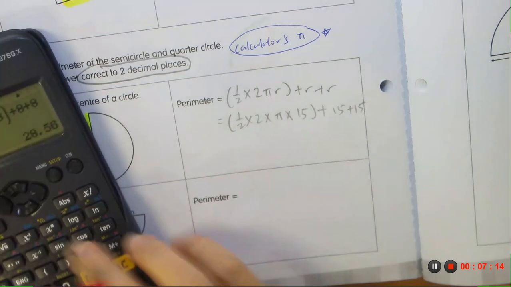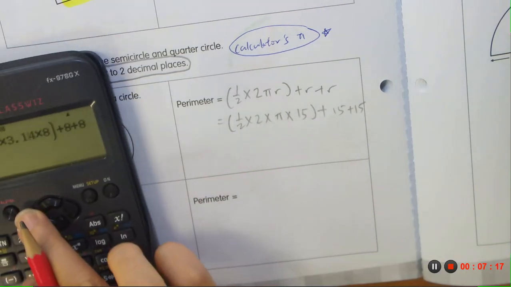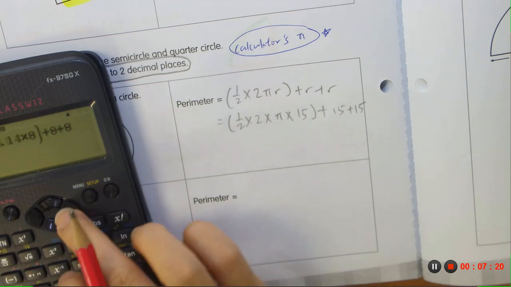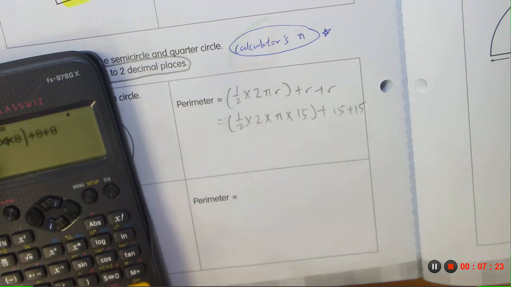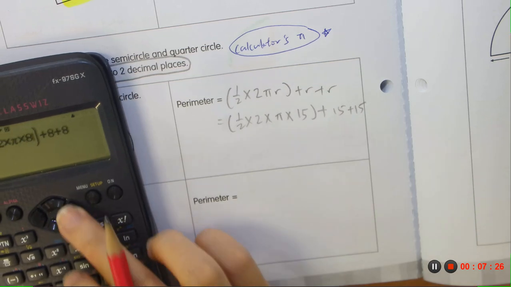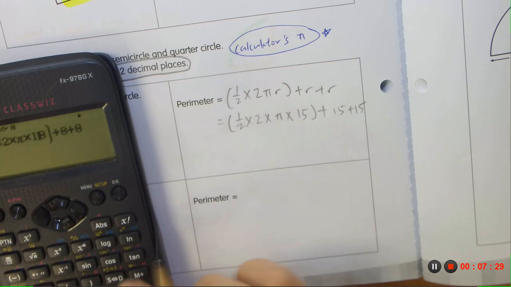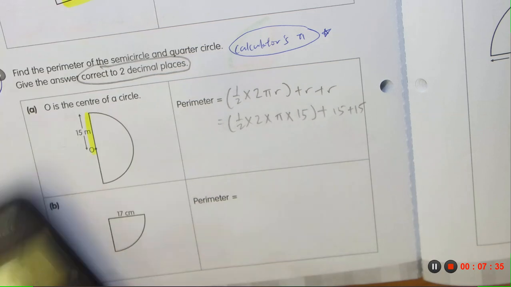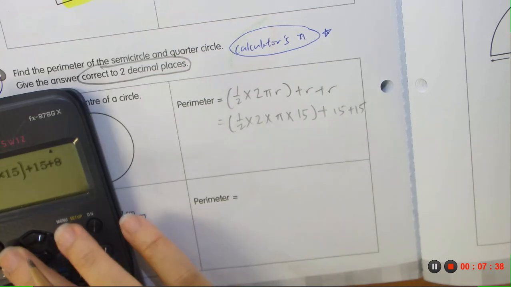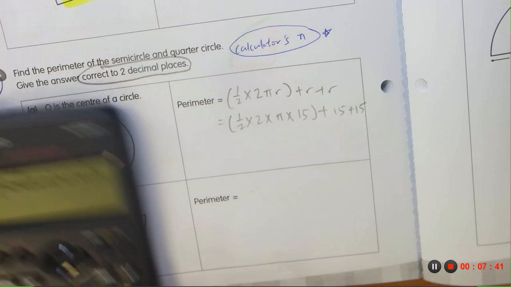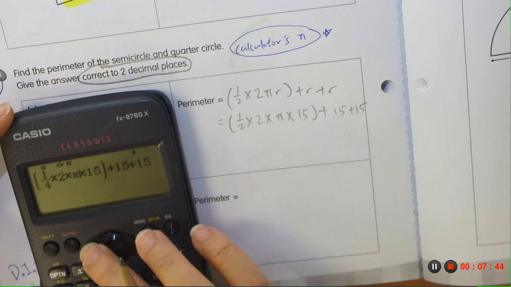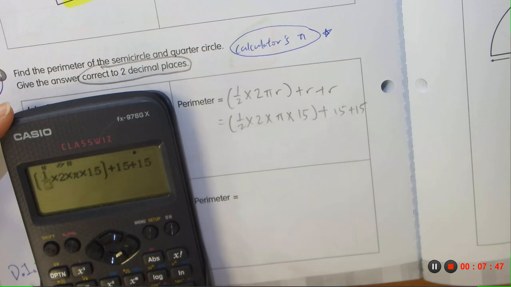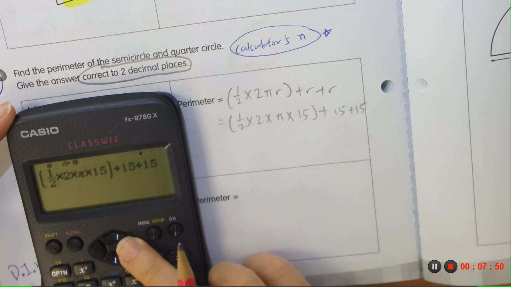So you can just use this one. Half times 2 times pi, pi in the calculator, times radius 15, close bracket, plus 15 plus 15.